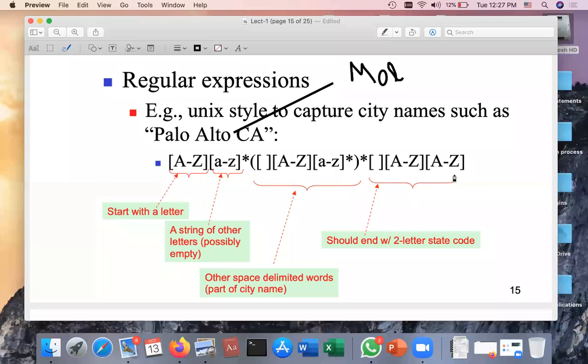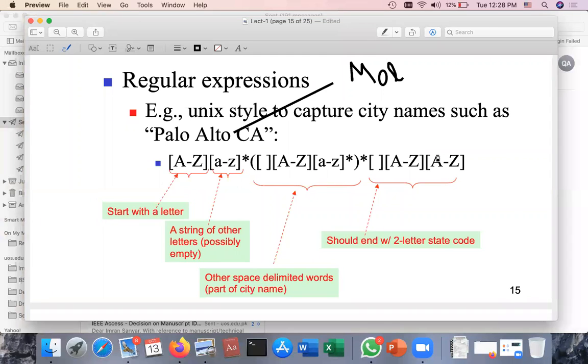So first look at the last part. This last part is generating only this space and capital CA, and there is no static over any part. And this first part is generating space, second part is generating only a single capital letter, third part is again producing a single capital letter.